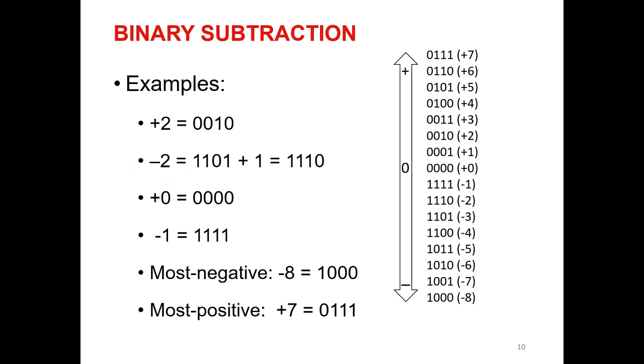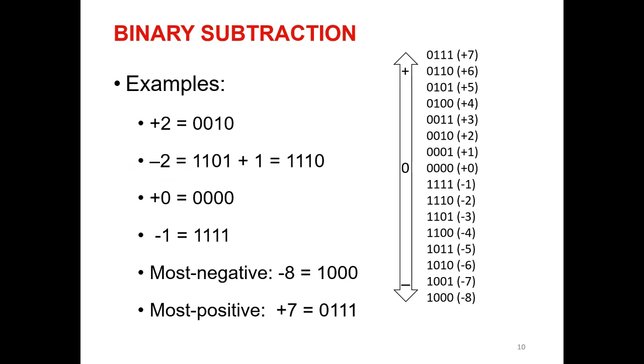As I have mentioned, this is for using 4 bits. If we would like to use more bits, it will be equivalent, and the most negative number will be lower and the most positive number will be higher.